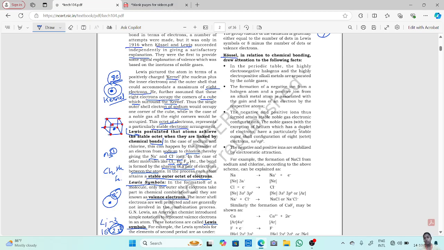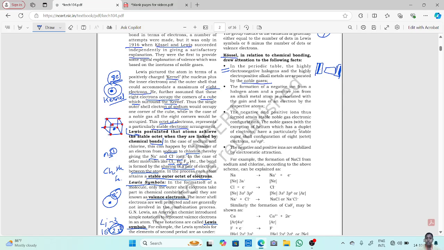When you see the periodic table, here you have the highly electronegative halogen group, and here you have the highly electropositive alkali metals. Both of them are separated by the noble gases, which are just after the halogens. So this is the first point Kössel made: the highly electronegative halogens and highly electropositive alkali metals are separated by noble gases.